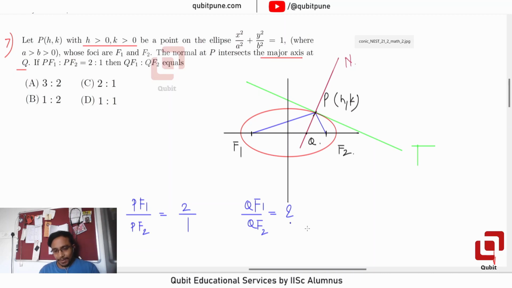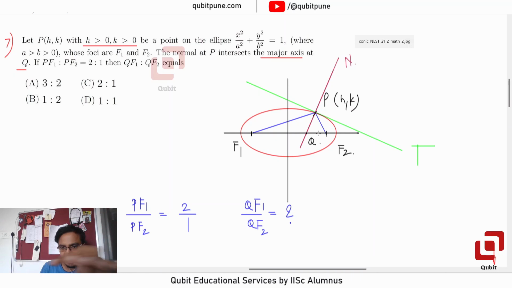Now, if you know the property of the ellipse, then you will get the problem quickly. The property goes something like this. If we fix a point source of light at F1, it is going to emit light in all directions. And suppose the interior surface of the ellipse is a mirror, then all the rays that emerge out of F1 will converge at F2.